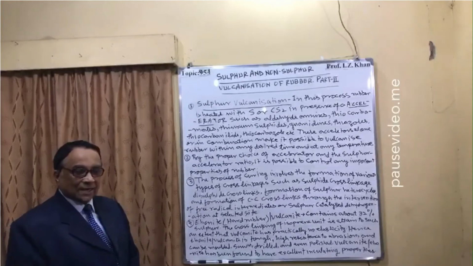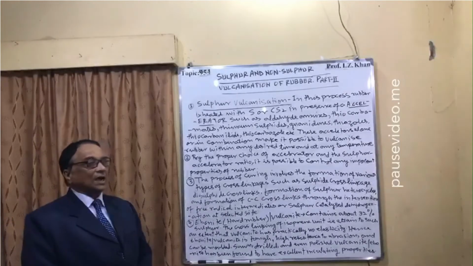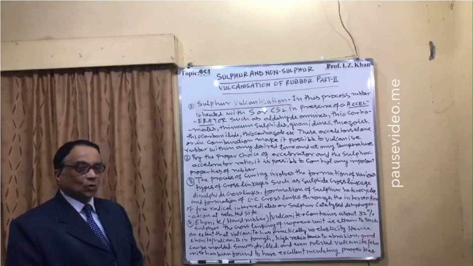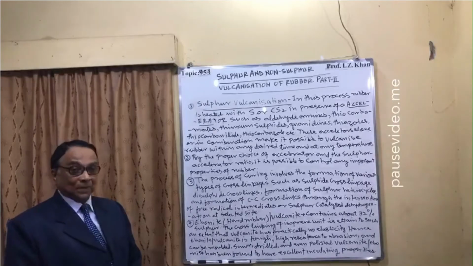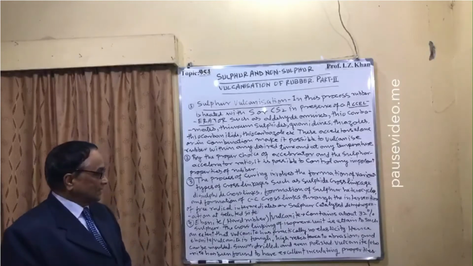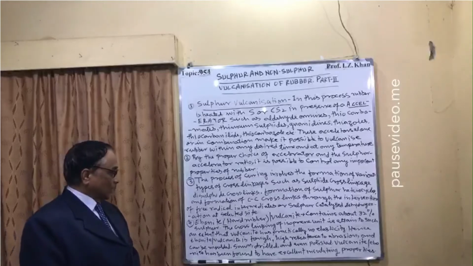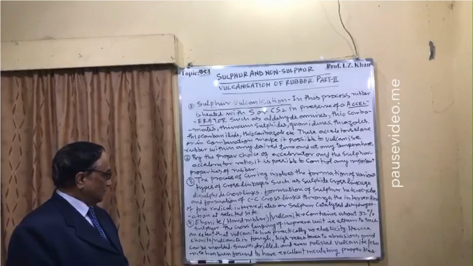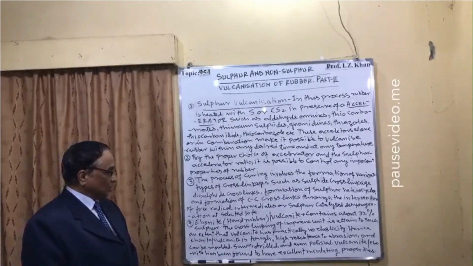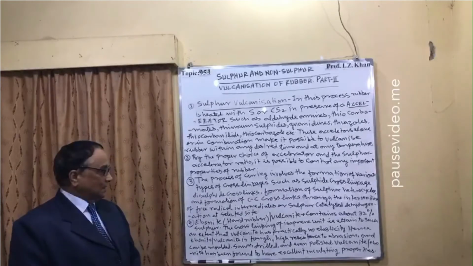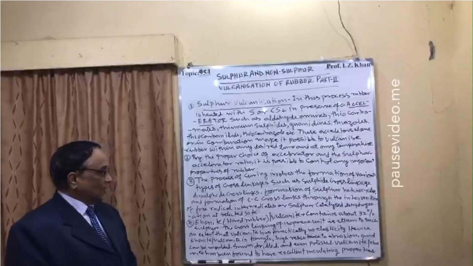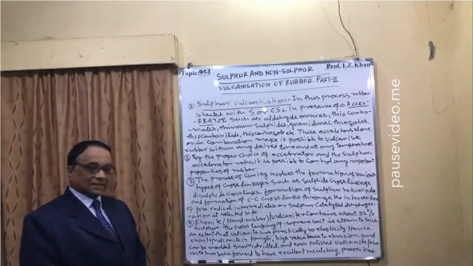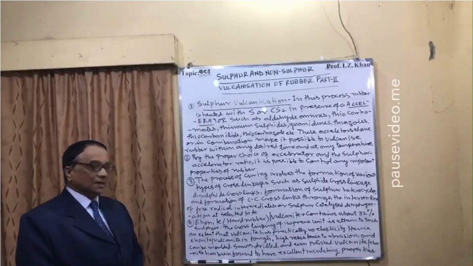So cross-linking of this sulfur with isoprene unit is made in such a way that the rubber will lose its elasticity and it will become hard rubber. Hence, ebonite or vulcanite is tough, has high resistance to abrasion, and can be molded, sewn, drilled, and even polished. Vulcanite, ebonite has been found to have excellent insulating properties.